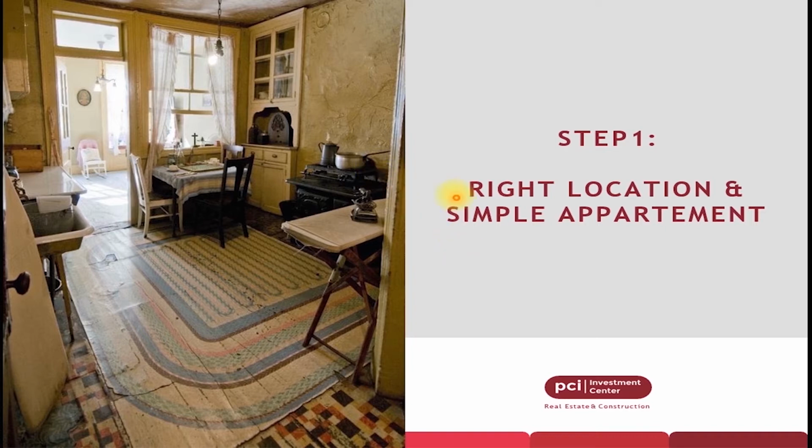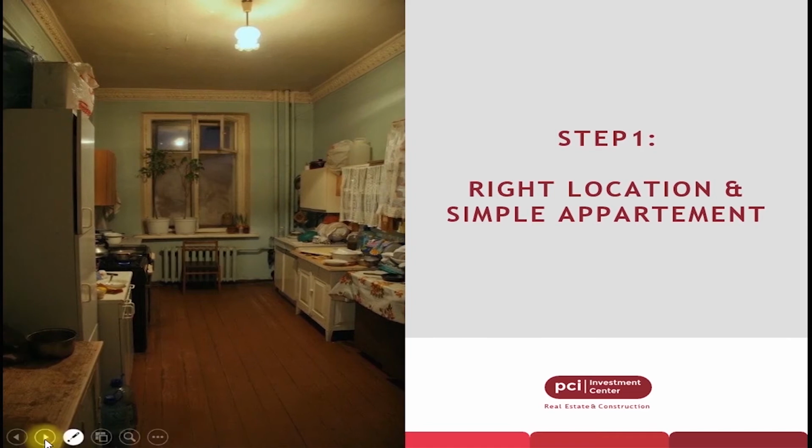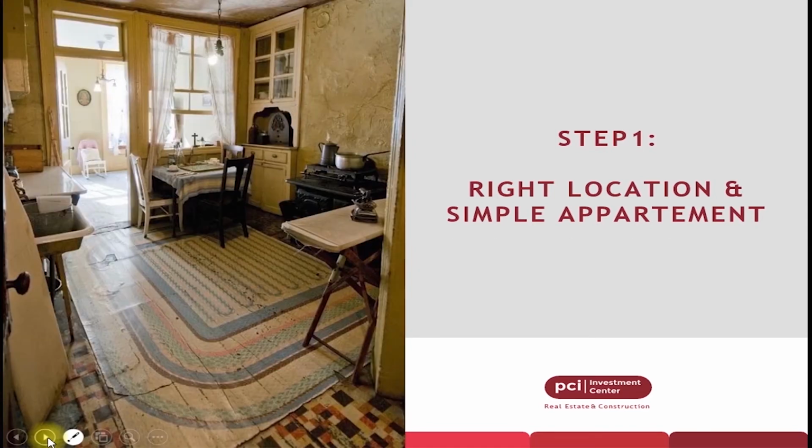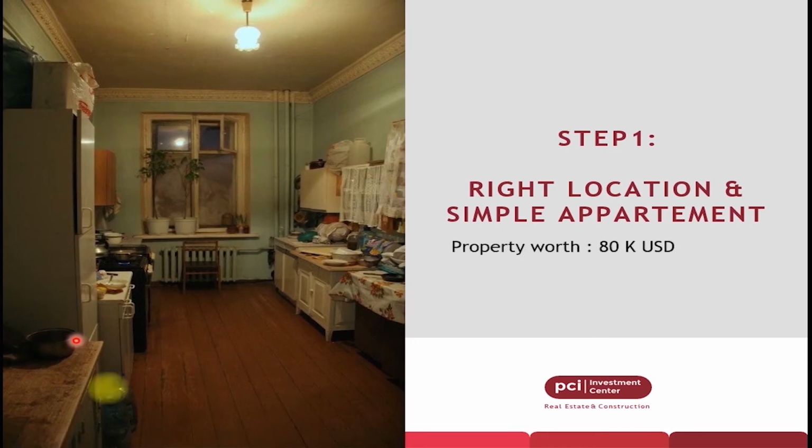Let's suppose you purchase this simple apartment in the right location, and this property's price is approximately $80,000. This is a very simple apartment, but let's say we purchase it for $80,000.